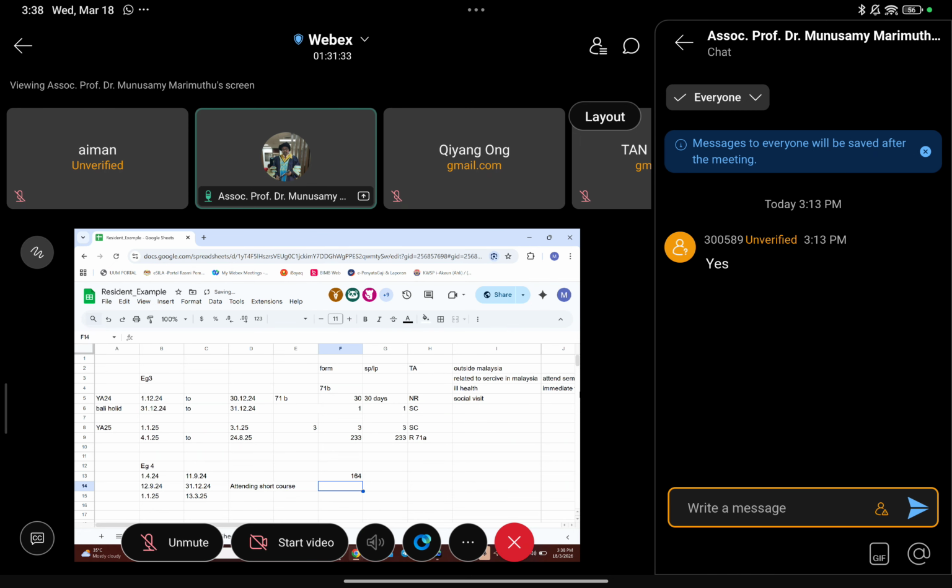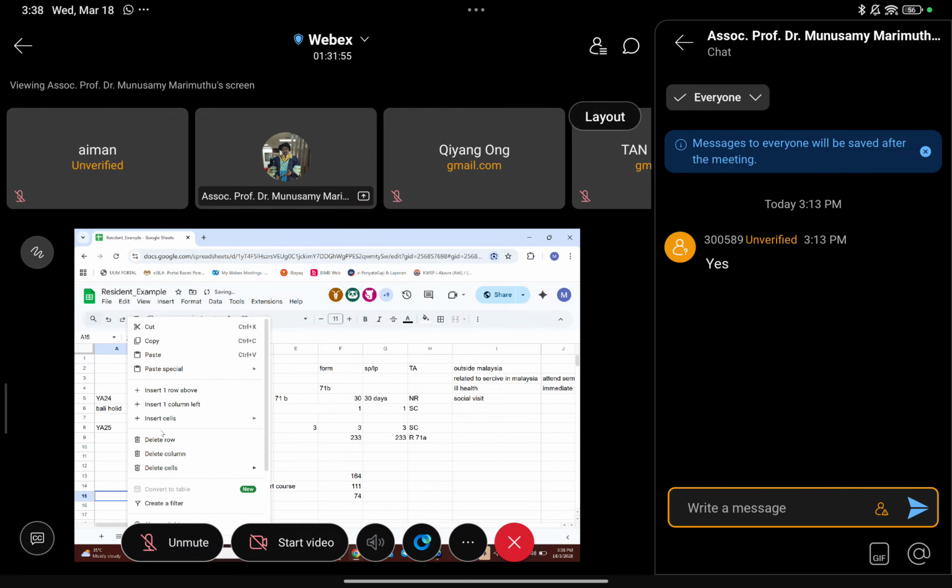Attending cost is only 111 or lot there is and 25 is 74. Okay, so let me split first.